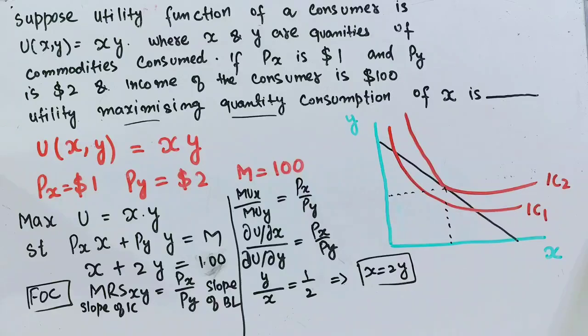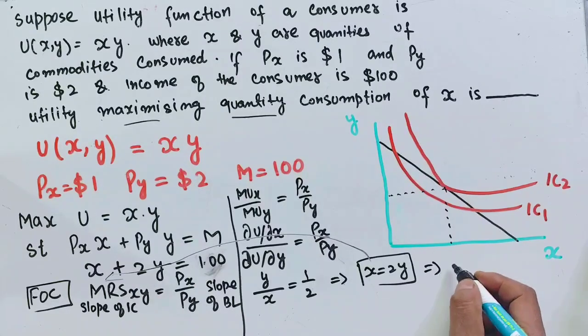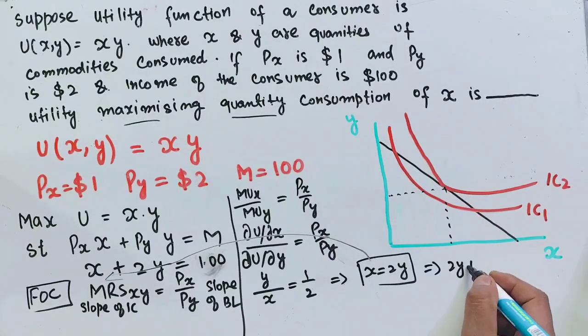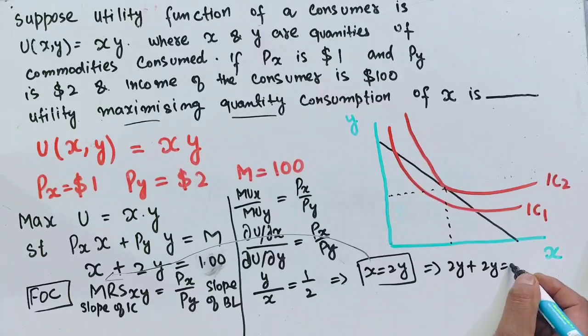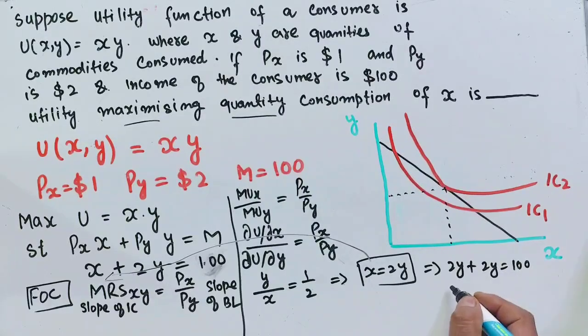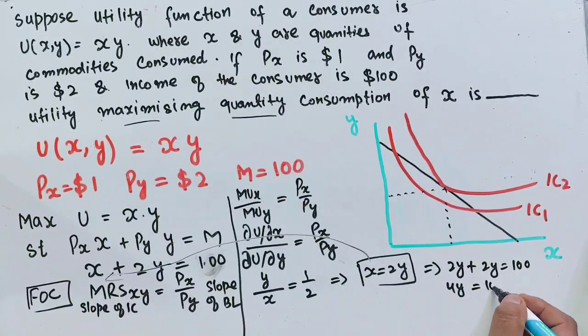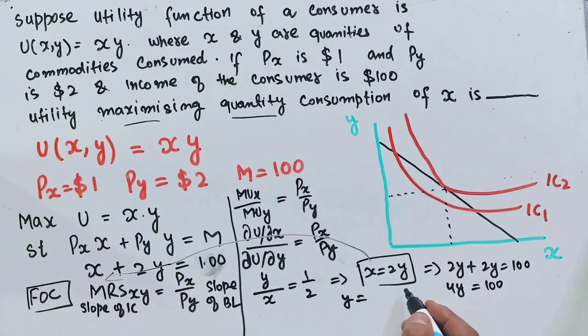Now we plug the value of x equal to 2y into the budget constraint. So in place of x we have 2y, plus 2y should be equal to the income, or 4y is equal to 100. Dividing both sides by 4, we get y is equal to 100 upon 4, which comes out to be 25.